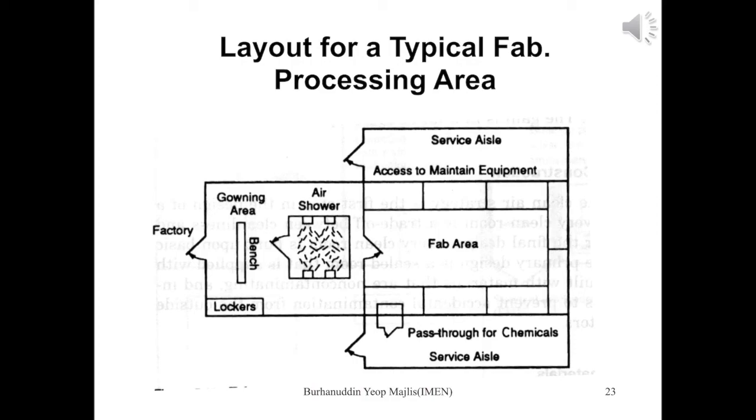And we have an air shower. We have the gowning area. From the door we have a bench, and then you put on a gown and then enter the room through the shower. And we have a pass box also, a pass-through box for chemicals and also for semiconductor.